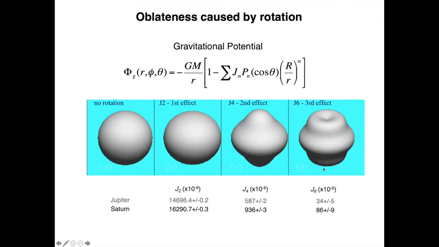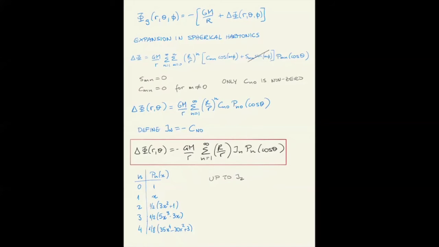But how does this lead to precession? Let's write the gravitational potential up to J2. The perturbation is, so the gravitational force is going to be the gradient of this potential. So I have a force that is proportional to r to the 4th power.